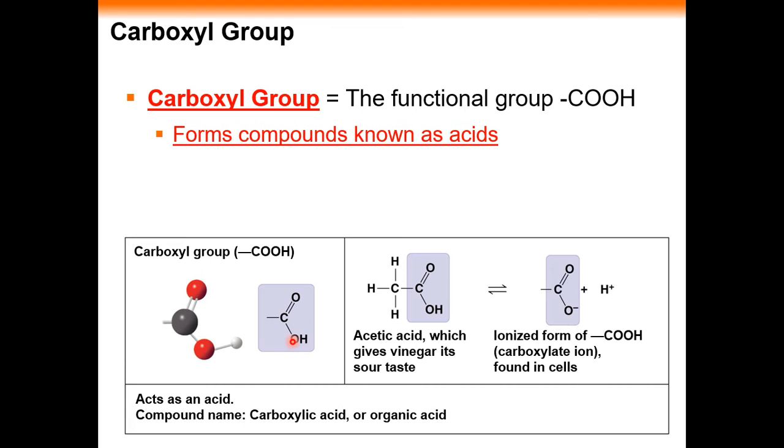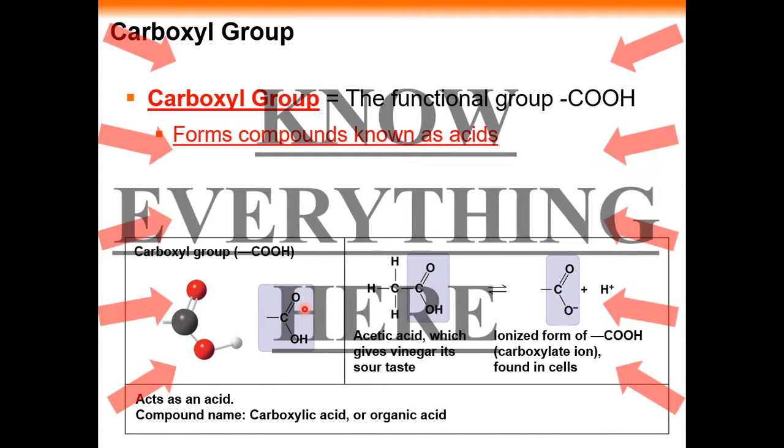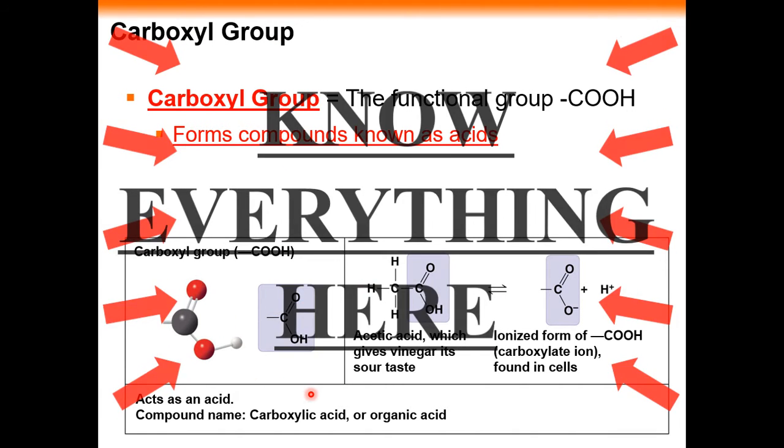Hydrochloric acid doesn't have that. That's a little different. But organic acids have these, like acetic acid and so forth. Like right here's a picture of acetic acid, which is why vinegar is sour, right? But carboxyl groups form things known as acids, and they look like this. C double bond O, bond OH. And that's really important. You should be able to identify what they look like.